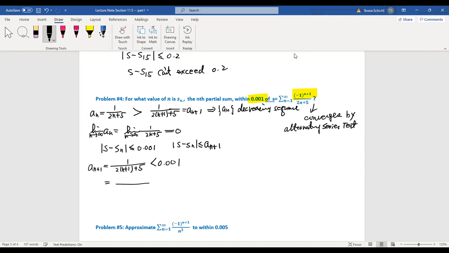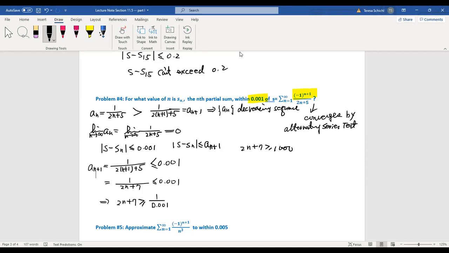So that means this is 1 over 2n plus 7, less than or equal to 0.001. So I get 2n plus 7 greater than or equal to 1 over 0.001, which means 2n plus 7 is greater than or equal to 1,000.